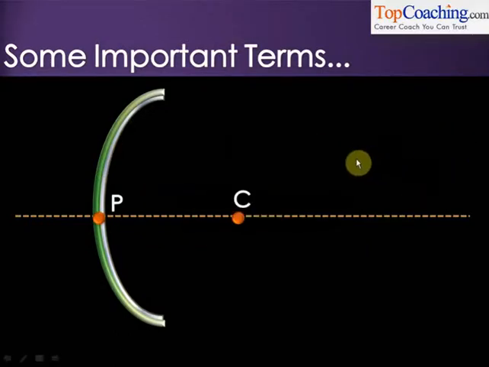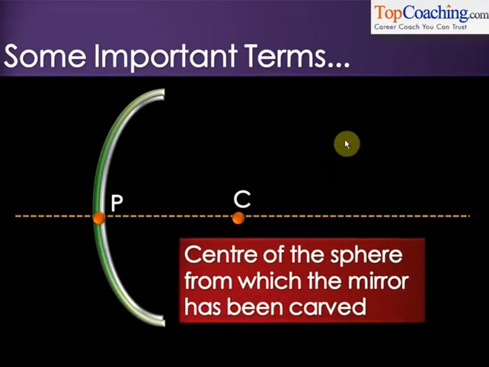If you take the point which represents the center of the sphere from which the mirror has been carved, then that point is called the center of curvature of the spherical mirror. You see, if you take any spherical mirror, that spherical mirror must have been cut out, or carved, from a large sphere, isn't it? After all, that is what spherical mirrors are.